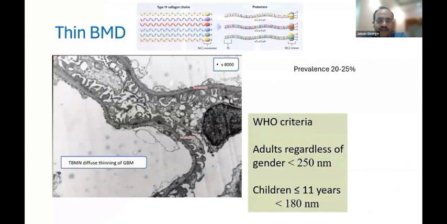As per WHO criteria, in adults, regardless of gender, if the basement membrane thickness is less than 250 nanometers, and in children below 11 years, if it is less than 180 nanometers, you can call it thin basement membrane nephropathy. Usually the prognosis is benign, but there is a slightly increased risk of CKD in carriers of Alport syndrome. And sometimes many of these patients can be carriers of autosomal recessive Alport syndrome too.